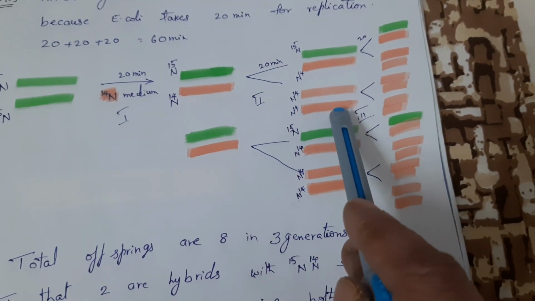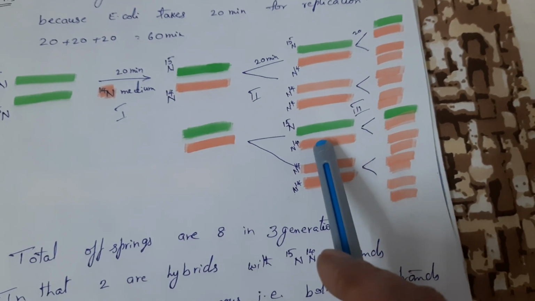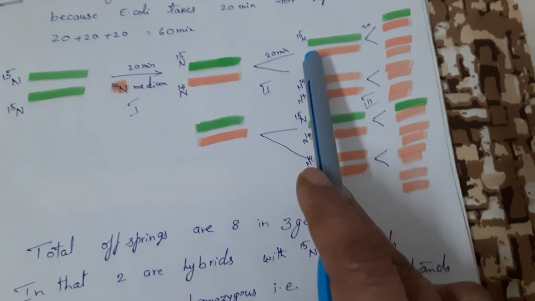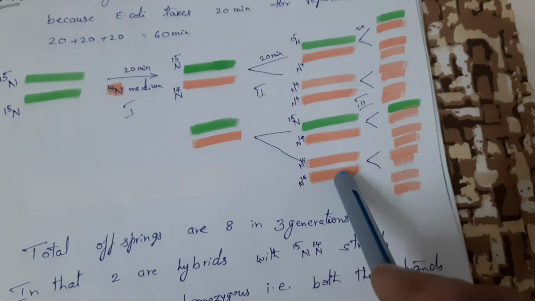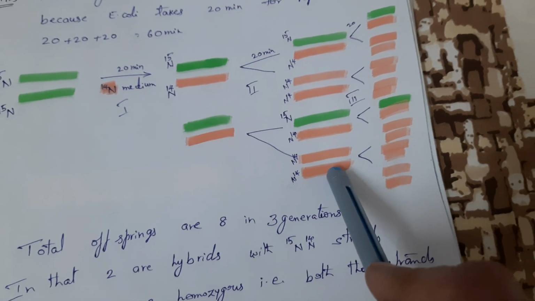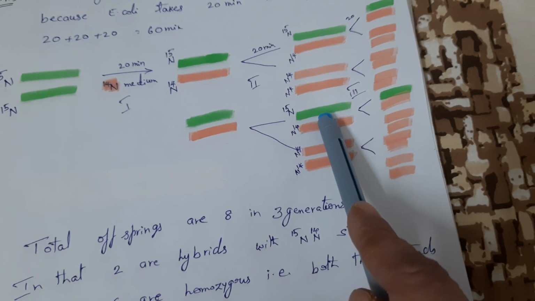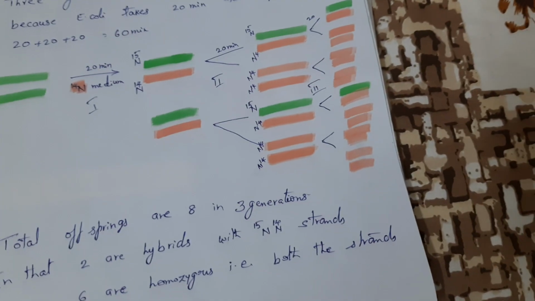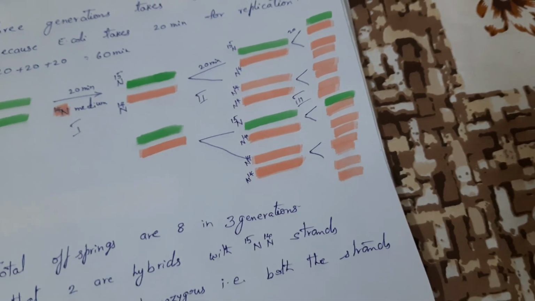So one more new N14 strand was made. Like that here also. So in these 4 offsprings, 2 are hybrids, 2 are normal, that is 50-50. That means 2 offsprings with the hybrid varieties and 2 offsprings with N14, N14 strands.